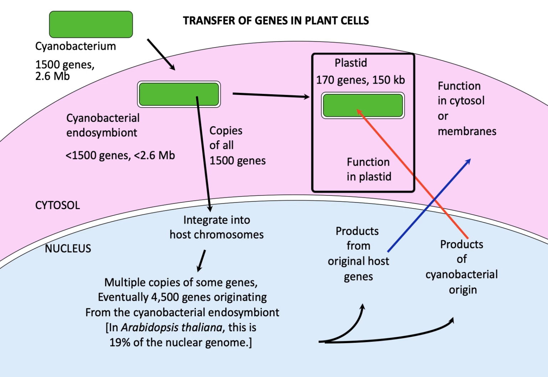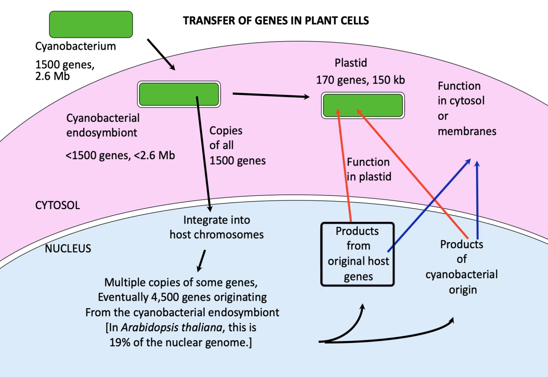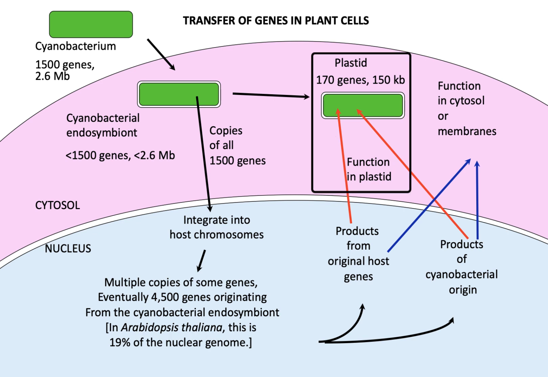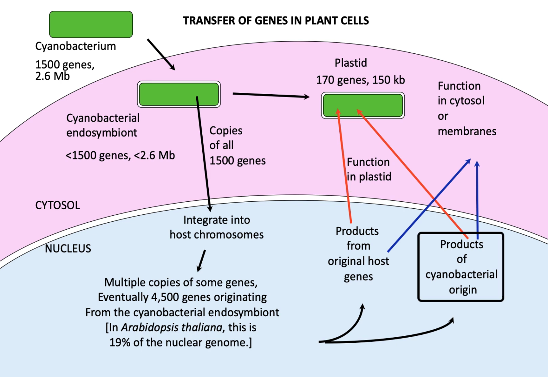And if that were all that happened, then things would be fairly simple, but it was discovered that many of the products from the host genes, again, the RNAs moved out into the cytosol, were translated on cytosolic ribosomes, but they moved into the plastid for their function. And conversely, some of the products that are of cyanobacterial origin, the RNAs were moved out into the cytosol.